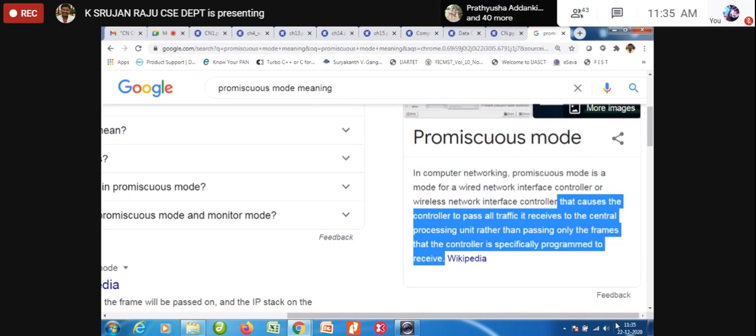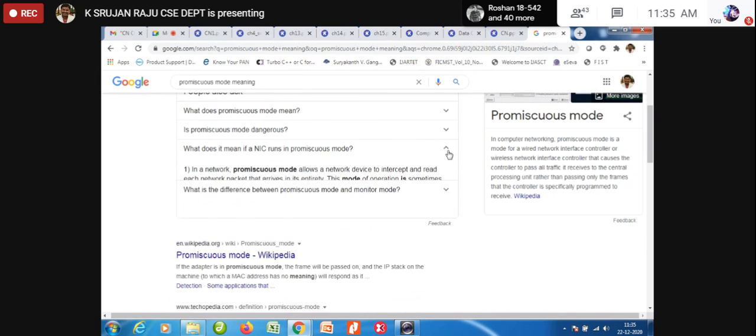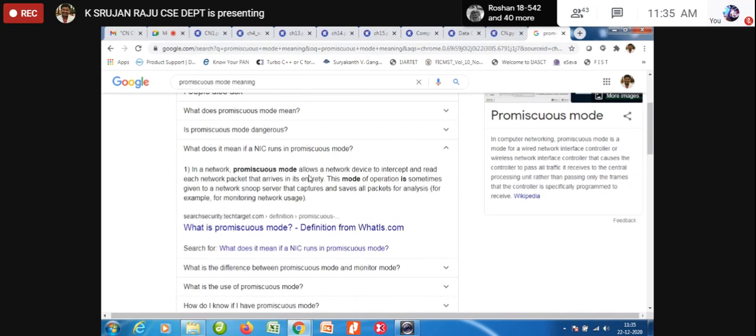That was the reason the attackers may have a chance to intercept and get that data. In a network, promiscuous mode allows a network device to intercept and read each network packet that arrives in its entirety. Dear friends, please try to remember that.